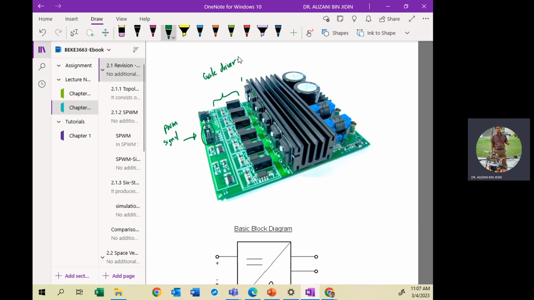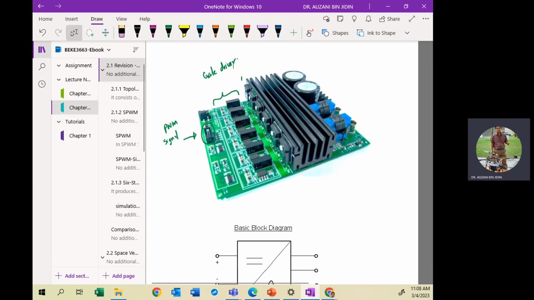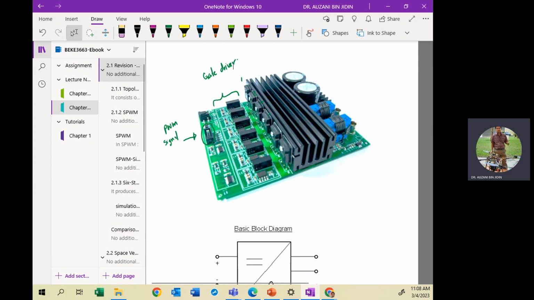You cannot connect the high voltage grounding directly and electrically to the electronics grounding. So you must isolate the grounding of the two points. That is the purpose of using a gate driver. Okay, that one is just for knowledge. Maybe we can have a detailed discussion on how to design this part when we prepare for the assignment.